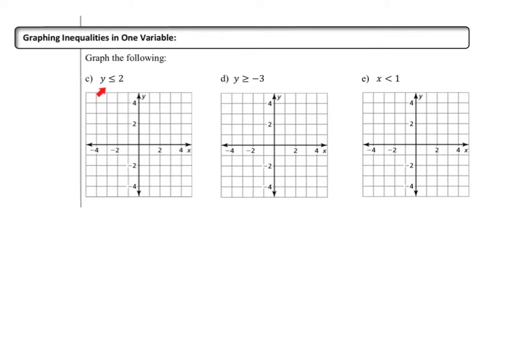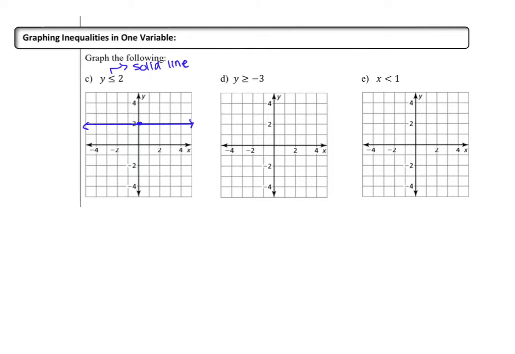So do you have a solid line or a dotted line, and are you going to shade up or down? Less than or equal to means that you're going to have a solid line. So we have a line going through 2 on my y-axis.